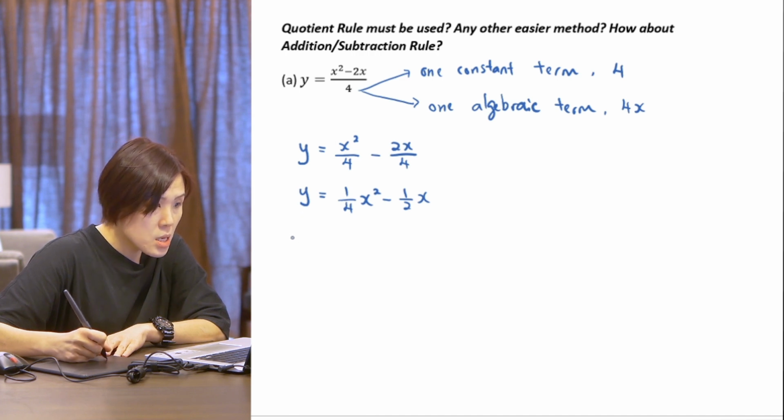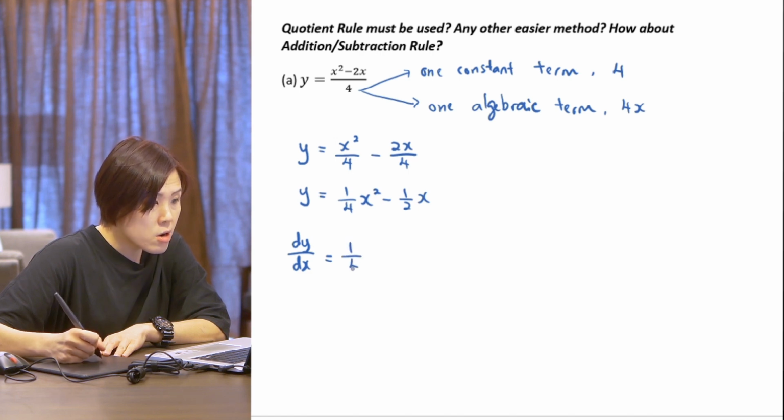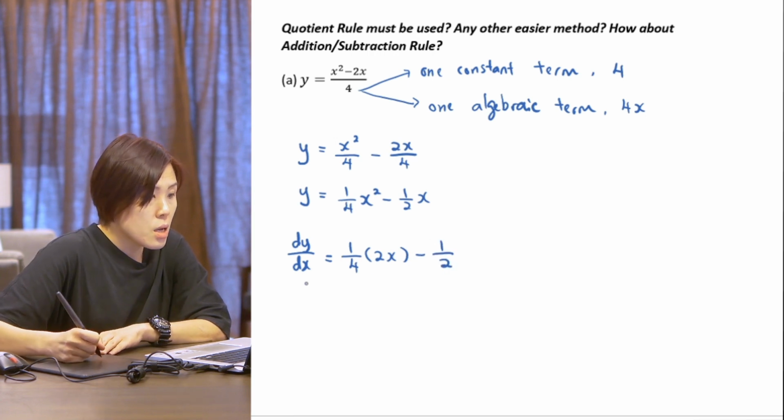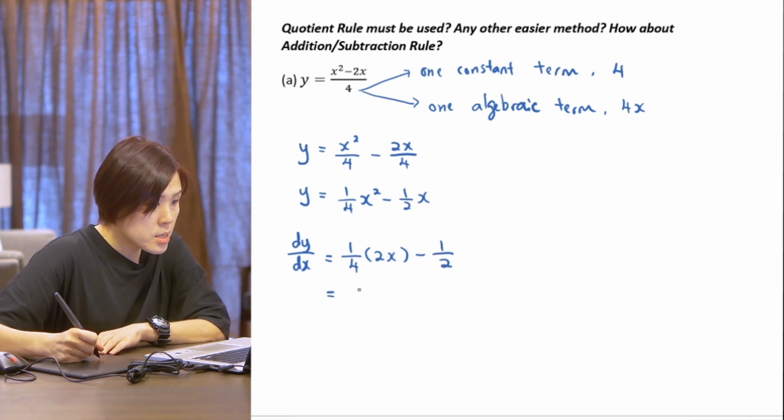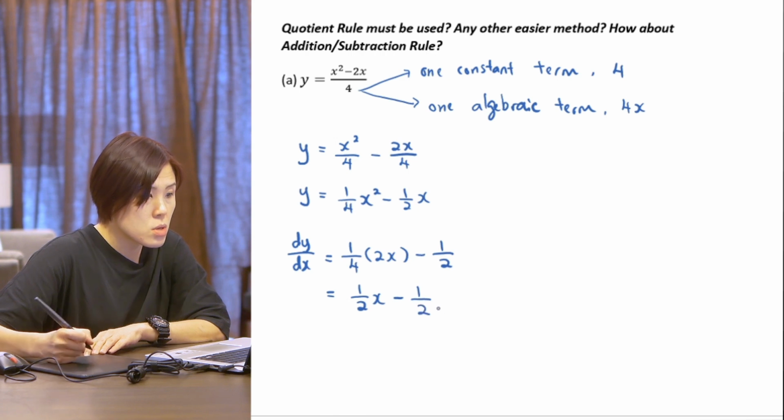So dy by dx will be equal to 1 over 4 times 2x minus 1 over 2. And then this can be simplified as 1 over 2 x minus 1 over 2.